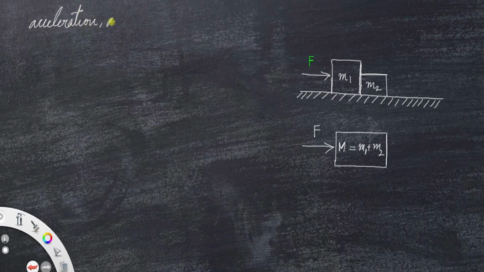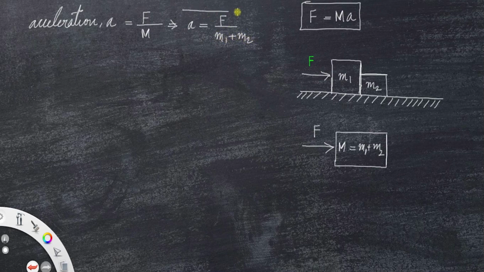Let's say acceleration A. We know by Newton's law, the force acting on a body is mass into acceleration. So acceleration will be force divided by mass. Here A is equal to F divided by the mass m, which is m1 plus m2. Clear? So this is the acceleration of the mass.